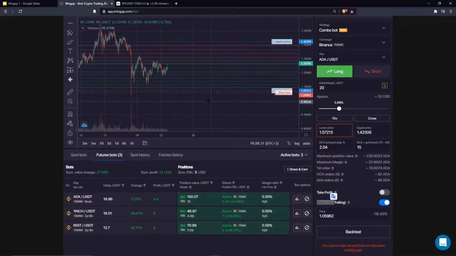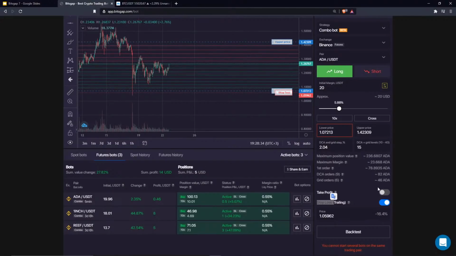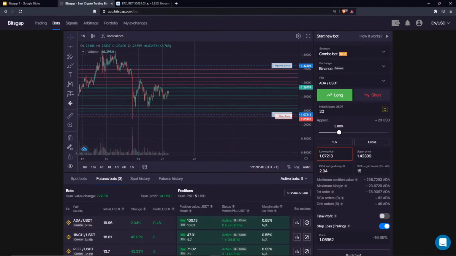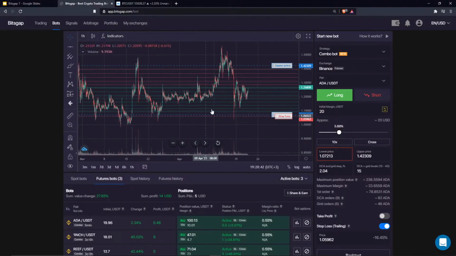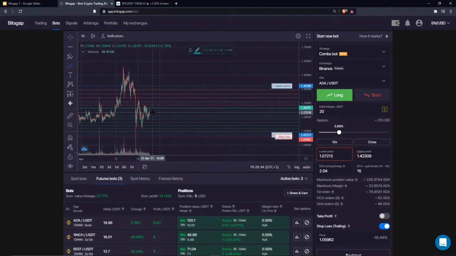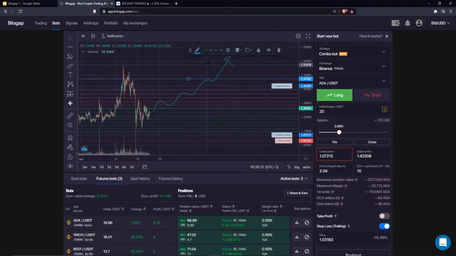But the cool thing that we made with the stop loss in combo bot is that it is trailing automatically. As the price climbs higher, you will see that my stop loss will follow the price. So let's assume we are trading in this area right now, then you would see my stop loss in this zone.